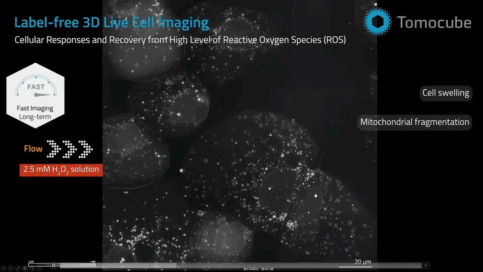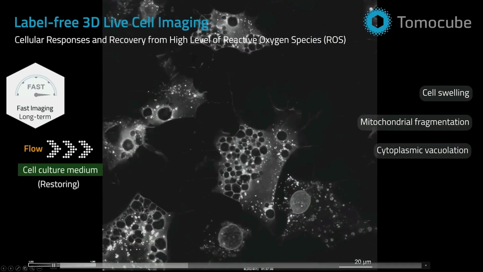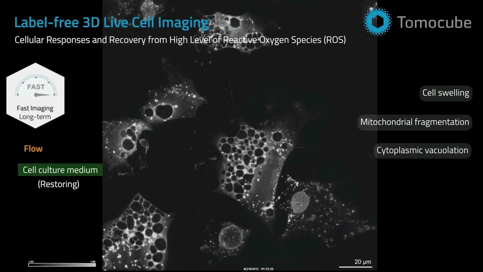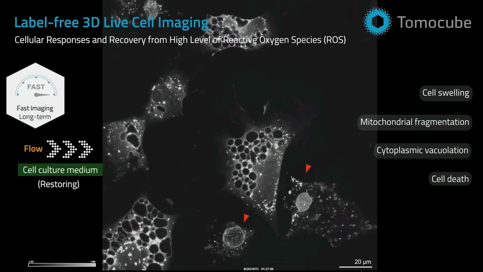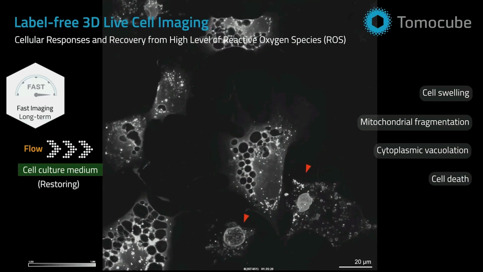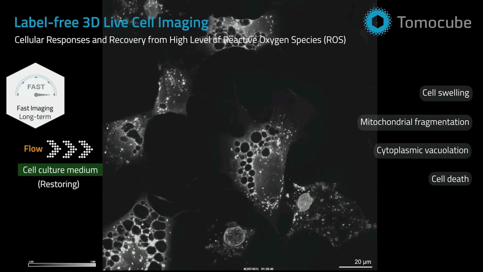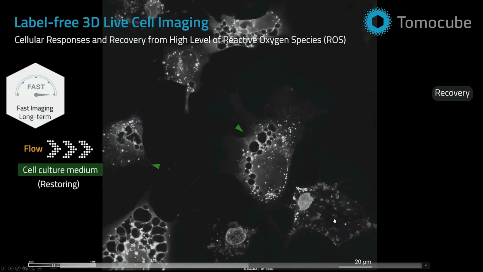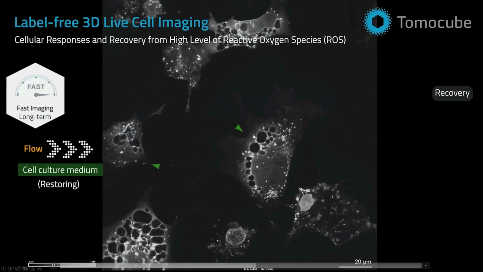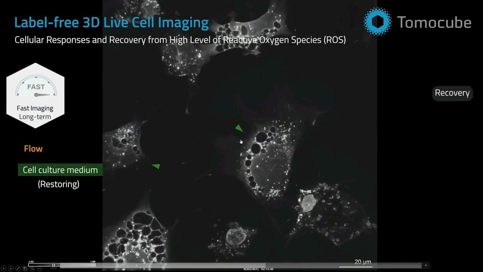Now you see the dramatic alteration. The mitochondria shape becomes segmented, and you can also see the formation of vacuole structures. When we recover to the original cell culture medium, you see some of the cells have died, but some other cells are recovering their original shape.